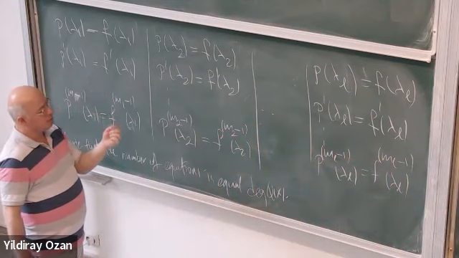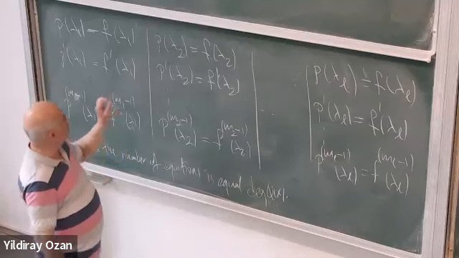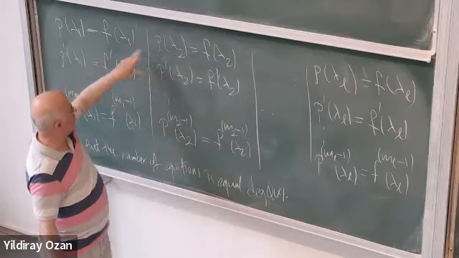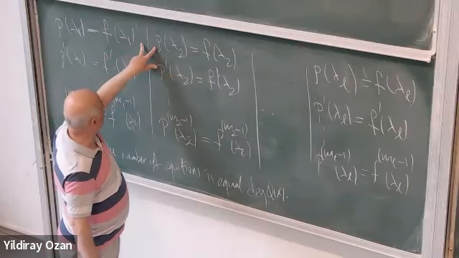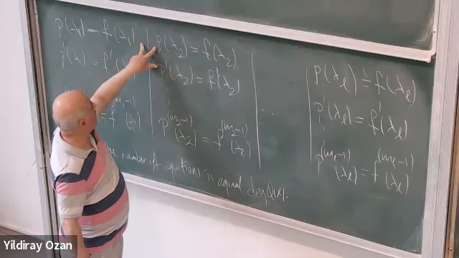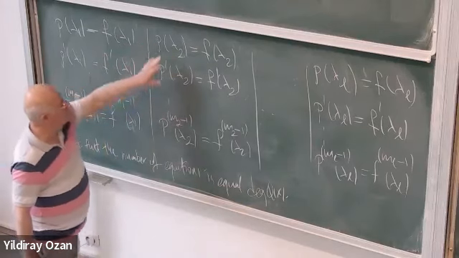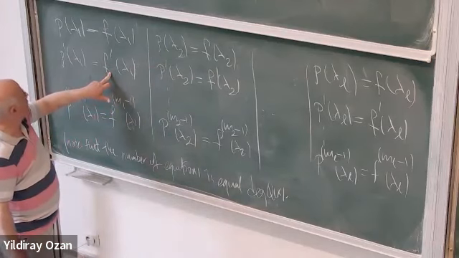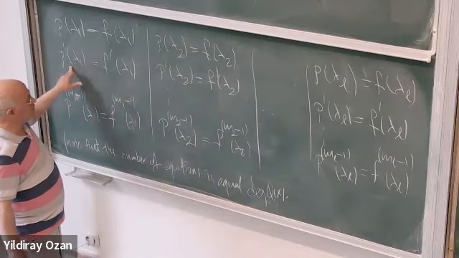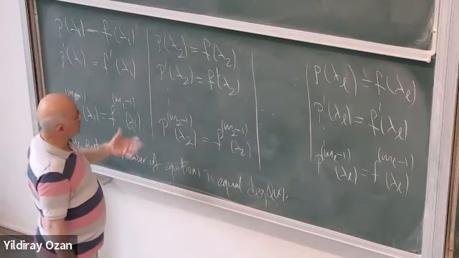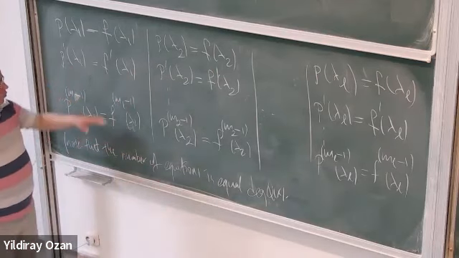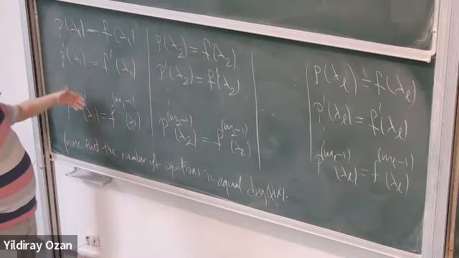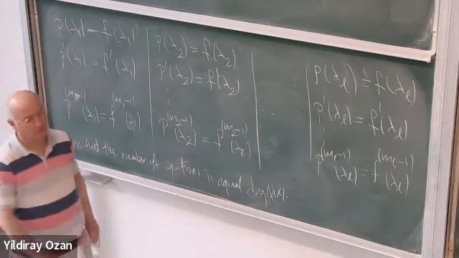But if the roots come together, if lambda 1 and lambda 2 become the same number, then these two equations give us one equation, so lambda 2 disappears. Instead of this equation, we have the prime version. If you have higher order multiple roots, then you have higher derivatives.